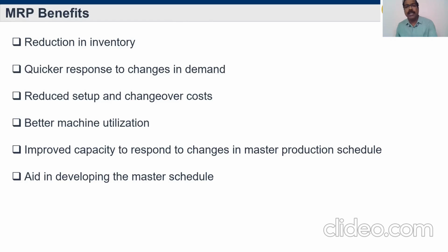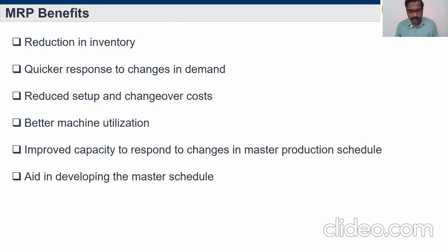Okay, reduced setup and changeover cost, better machine utilization, all about maintaining the schedule properly. If we maintain the schedule or routing properly, we can reduce the setup time, changeover cost, and we can use machining effectively.